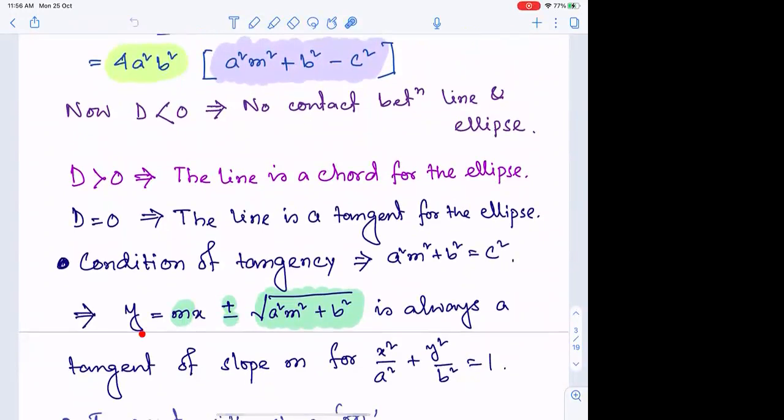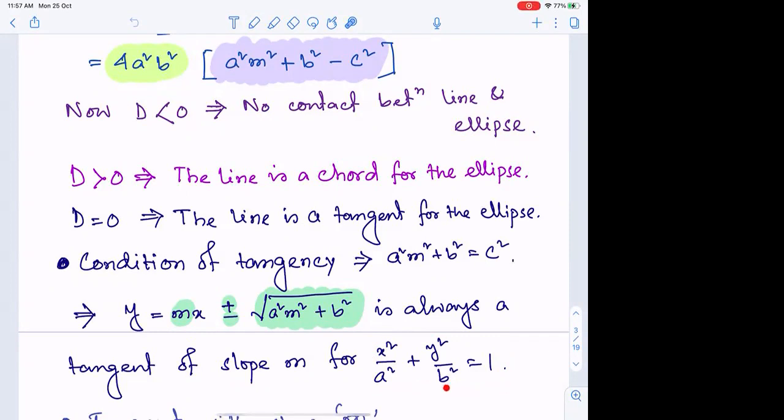And hence, now we know y is equal to mx plus or minus root over a square m square plus b square is always a tangent of slope m for this ellipse. And the important fact, we haven't yet decided whether this ellipse is horizontal or vertical, right? If a is more than b, then this ellipse is horizontal.